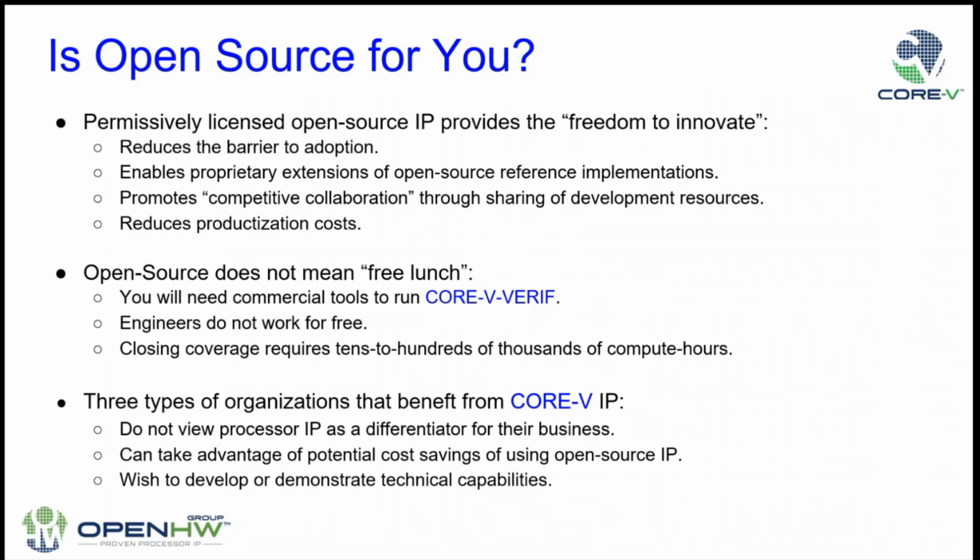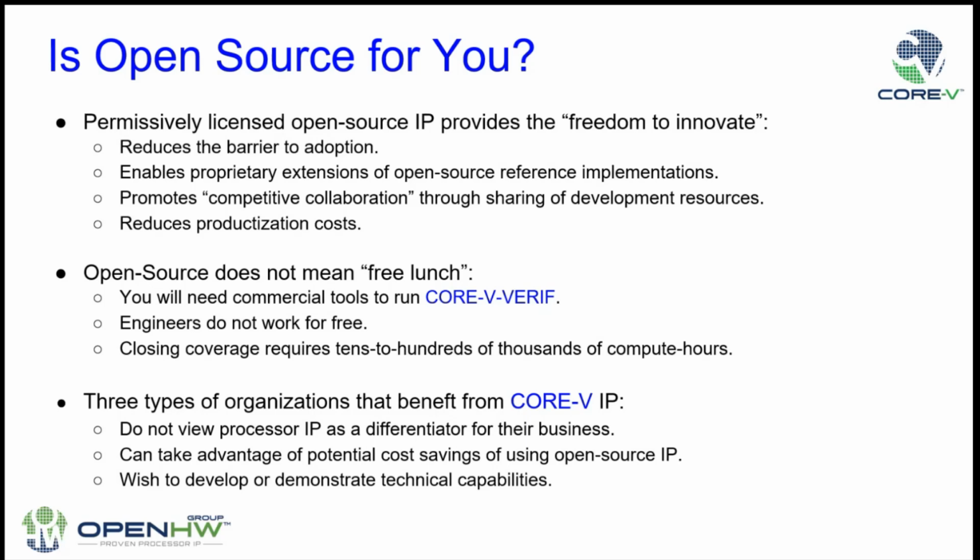There are three types of organizations that really benefit from using CORE-V IP, really benefit from membership in the OpenHW Group. The first one is people or organizations that don't view the processor as their key differentiator for their business. They're using the processor to do some work, but their key differentiator is someplace else. Using open source is a good fit for that.